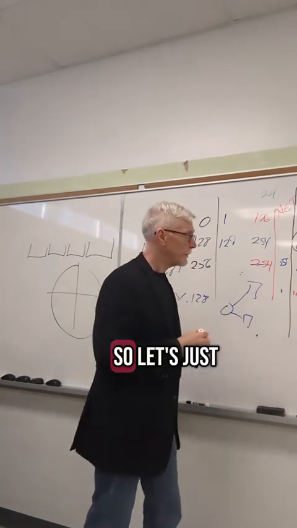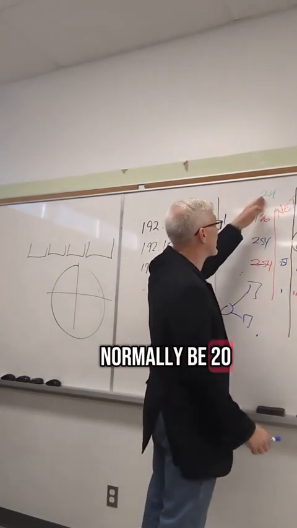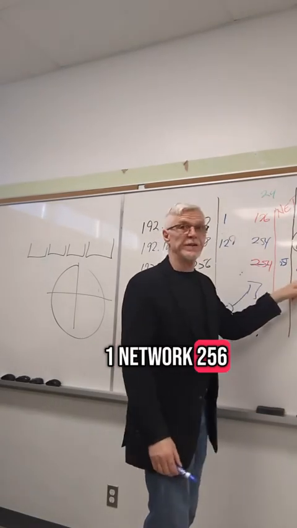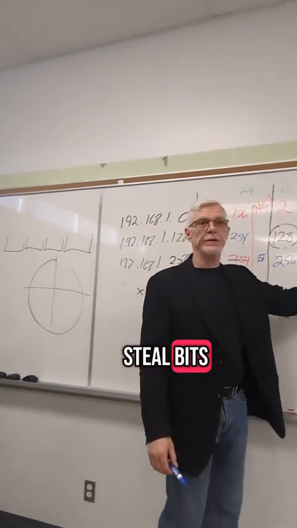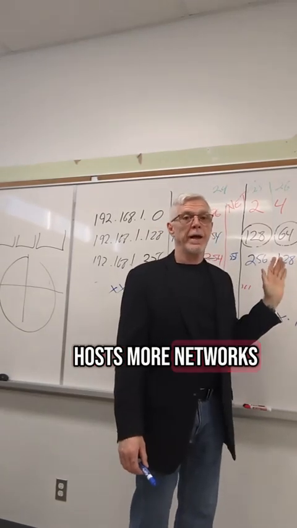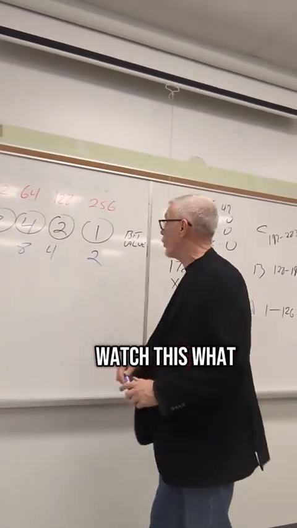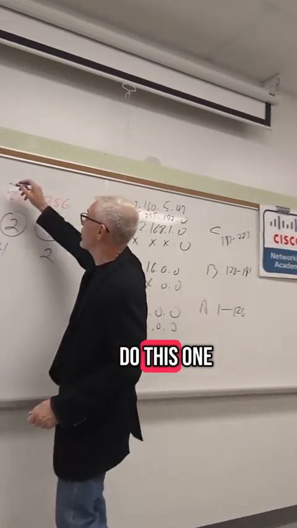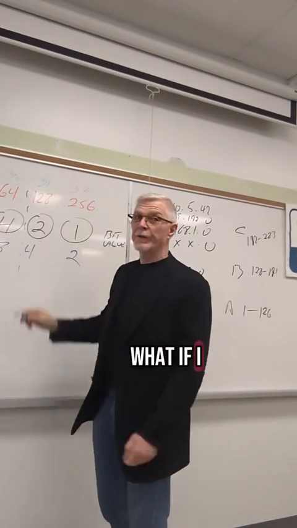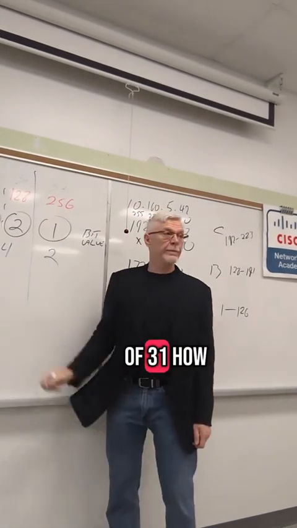So, let's just review. This is the grid pattern, right? Normally it'd be CIDR value 24, 1 network, 256 hosts. As we steal bits, we get fewer hosts, more networks. I want to show you something funky before you do it. Watch this. What happens if I do a CIDR value of 31?